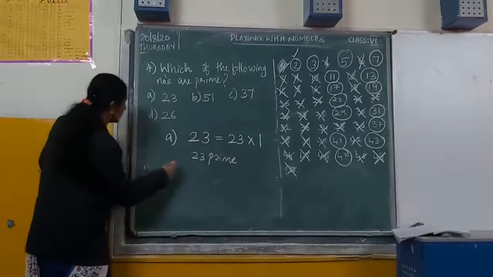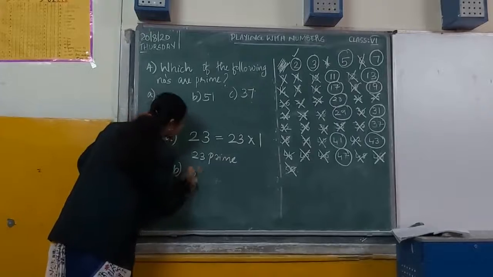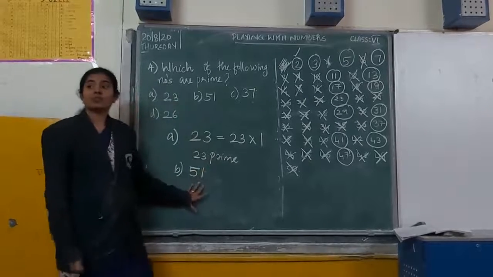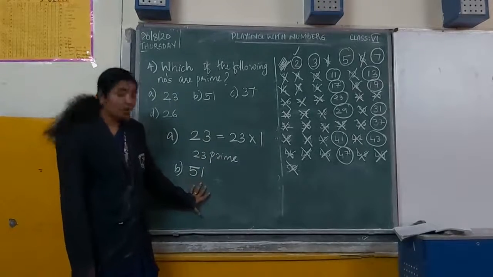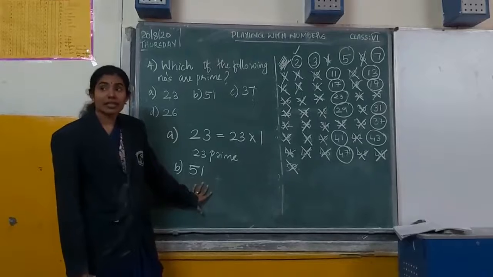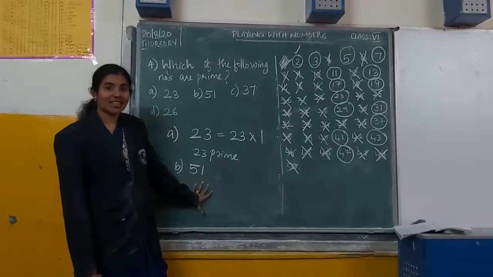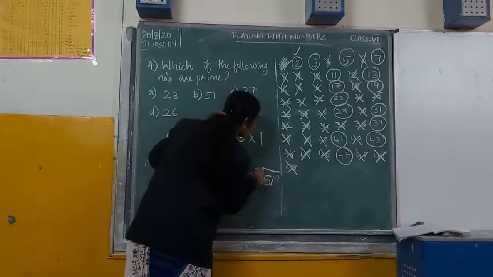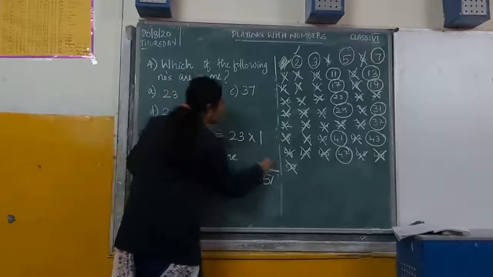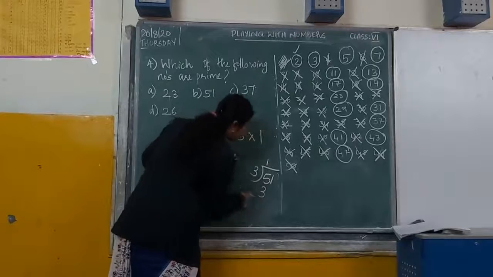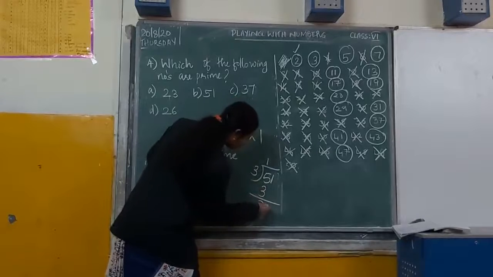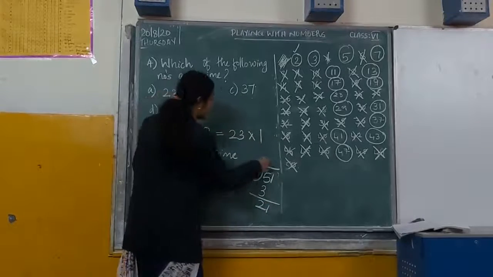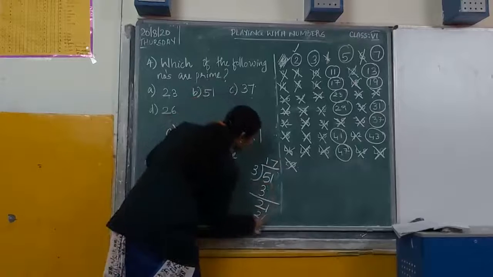Next one, 51. Is 51 also a prime number? No, because it is a multiple of 3. You can divide 51 by 3. What will you get? 3 ones are 3, and carry on 2, 21. 3 sevens are 21.